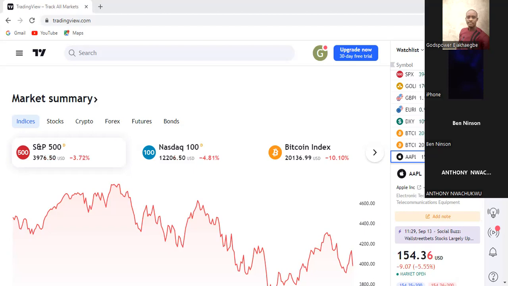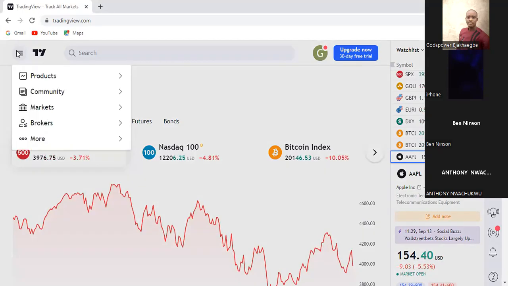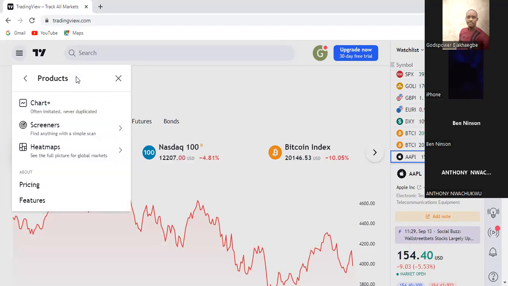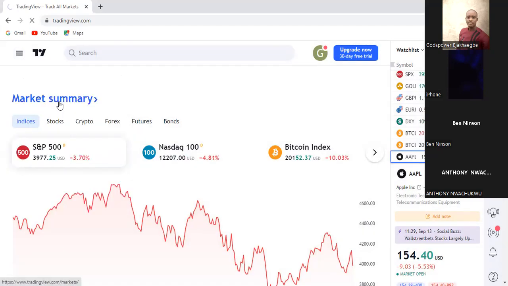So now, let's go back to Tradingview. Tradingview has opened. Let's go to products and click on charts.